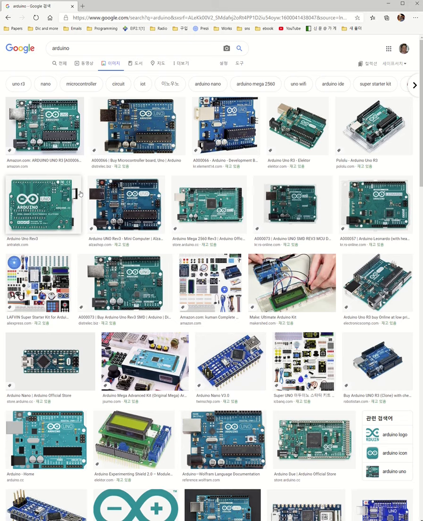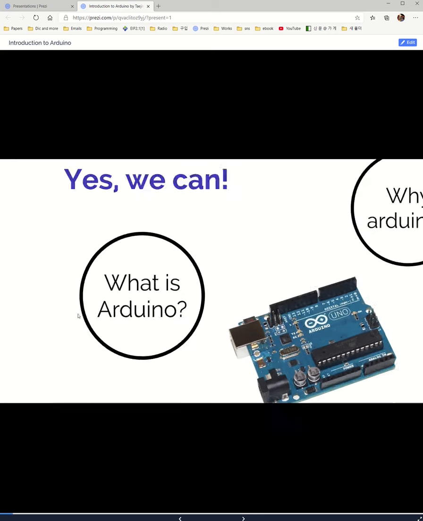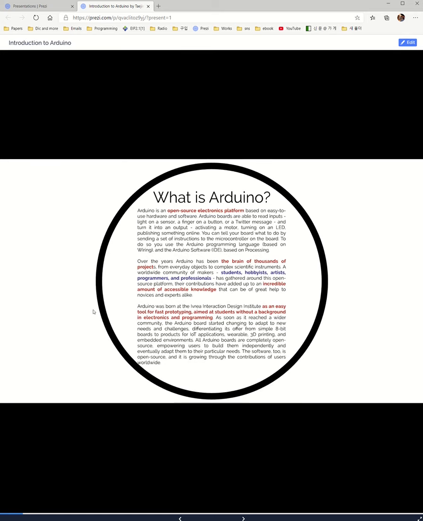But what's important is that it acts like a computer, or you can control something with it. If you ask the internet what is Arduino, you will get an answer like this. Arduino is basically one of the most common microcomputers around us.